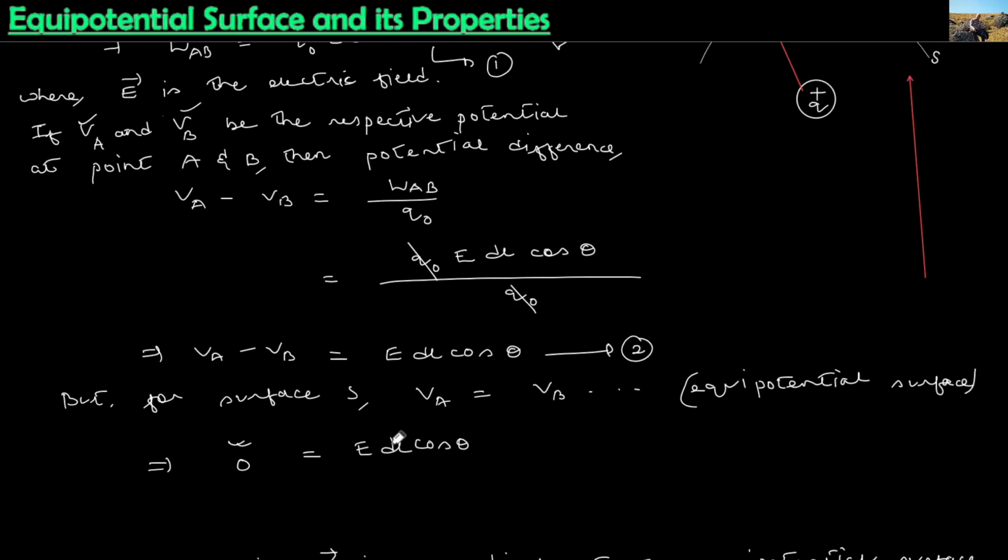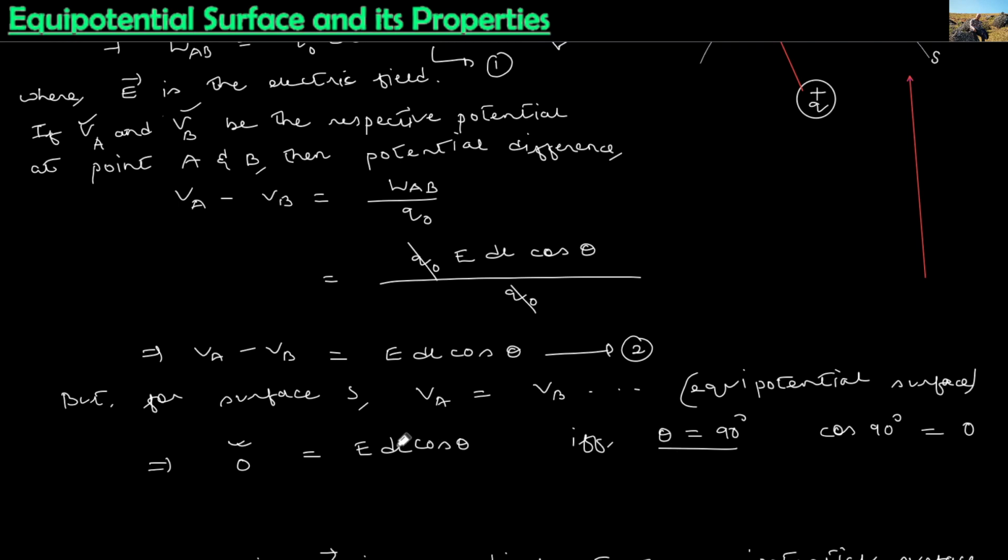This will take place if and only if theta is equal to 90 degree. If theta is equal to 90 degree, cos of 90 degree is how much? Cos of 90 degree is equal to 0.